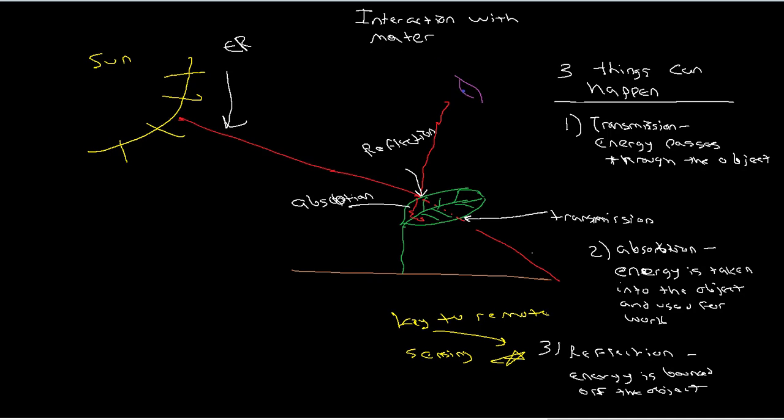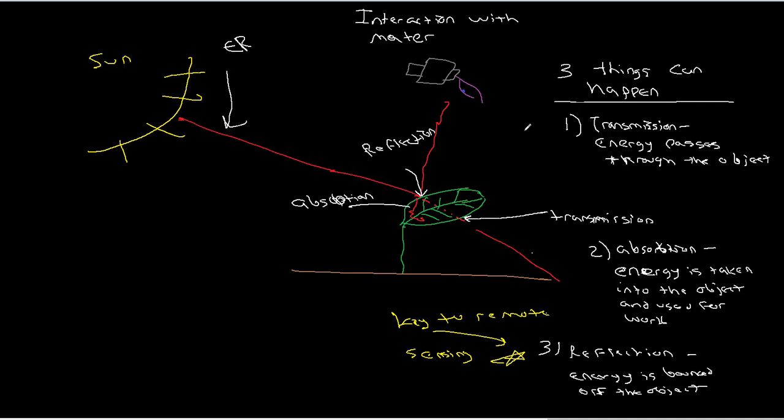So what we do with remote sensing is we replace the eye with a sensor, whether it's in space, on an airplane, on a drone, or it's a digital camera on your cell phone. We replace the human eye with a sensor that's capable of measuring that reflection and recording the value, which we're then able to convert into an image.